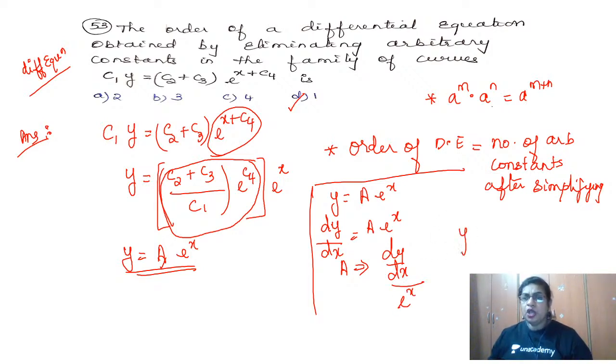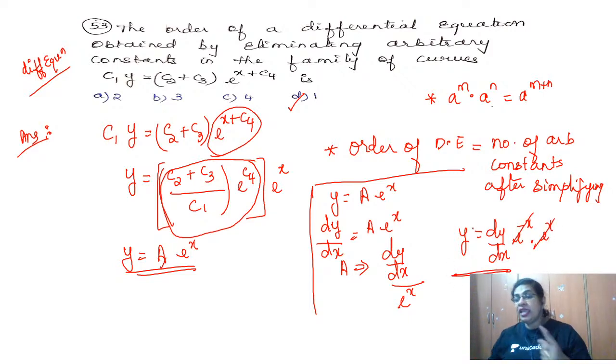Now substitute. So y is equal to, here a means dy by dx into e power minus x, into e power x. So this gets cancelled. So dy by dx is equal to y. So this equation is a differential equation without the constant. Therefore it is the D option, which is equal to 1.